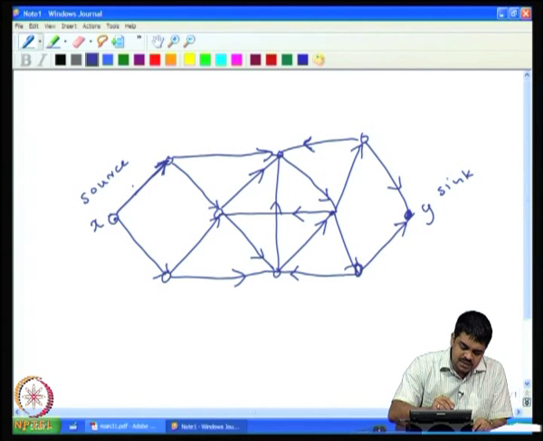So, there is a capacity constraint. You associate a capacity function on the set of edges. That means a real non-negative value will be associated with each of the edges. Here it is.